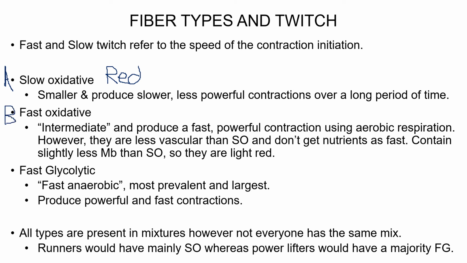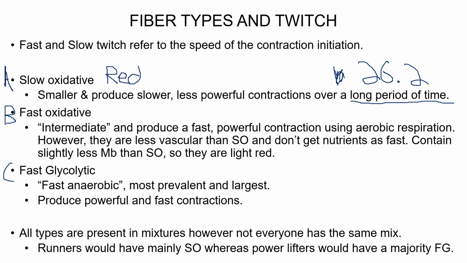So this, once again, has less powerful contractions, so they're not as strong, but they can keep going and going and going like the Energizer Bunny. So these are the marathon runners, the triathlon guys. I'm just going to put 26.2. That's how many miles are in a marathon. But these are the very long distance folks that are specializing in slow oxidative.